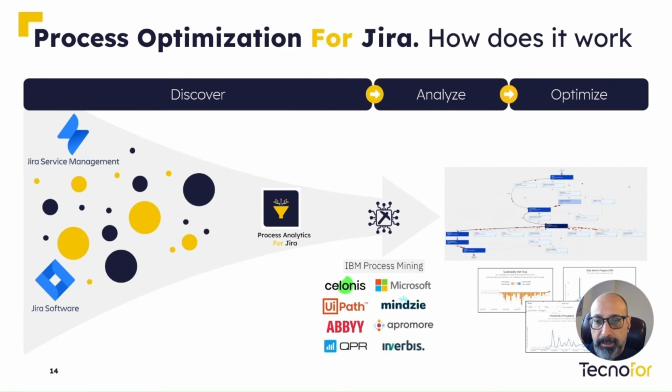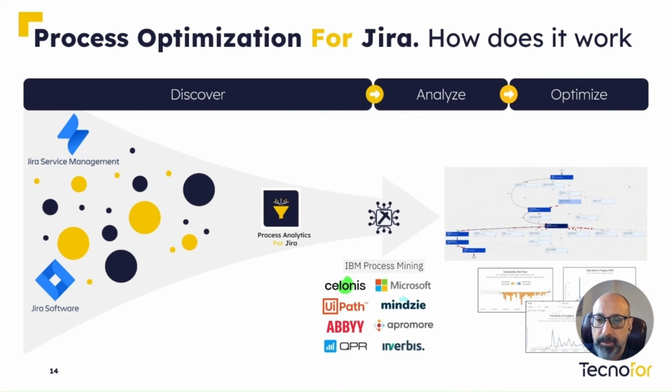But how does it work, basically? Well, on the left-hand side, you have your Jira Service Management or Jira Software. All these dots will be the events, business information, the transitions, all the processes. And we have created a piece of code, a connector that you can download from the Atlassian Marketplace, that basically saves you time in the analysis and transformation of the data that you have in place.